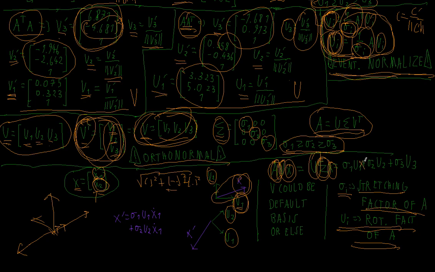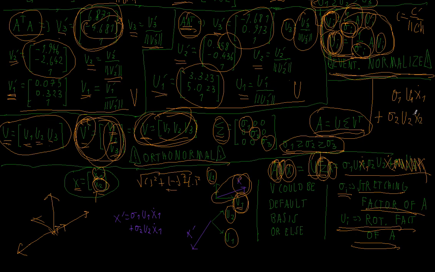Sorry, not in 3 dimensions, we're in 2 dimensions. So my vector x. It's really messy, sorry. If you express it like that, the first component of your vector x is expressed in this other basis u, so it will be the rotation, and then you stretch that amount by some factor sigma sub i, and you do the same thing for the second component, because you are in 2 dimensions again.